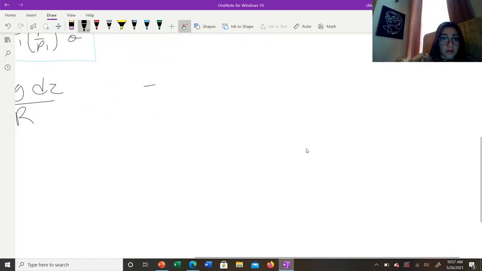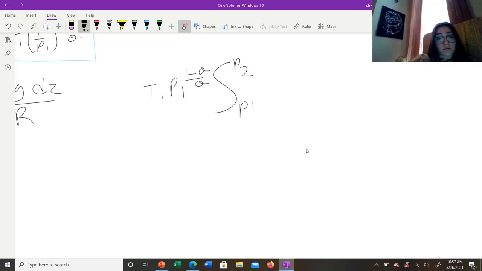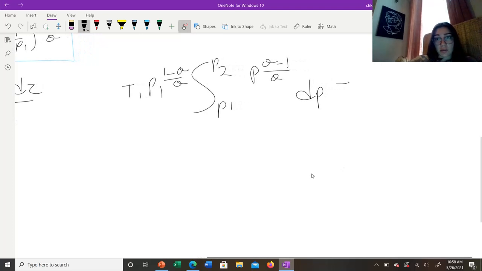I'm going to pull out T1 and P1 to the power of 1 minus gamma over gamma, because we're pulling that out. Integral P1 to P2 of P to the gamma minus 1 over gamma dP. And then it's still equal to negative mg delta z over r.